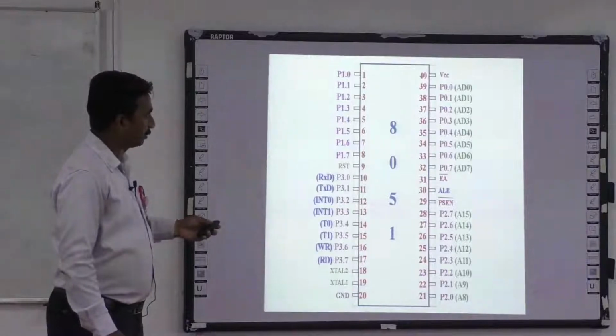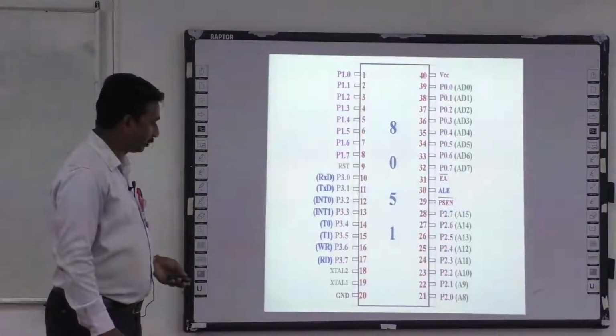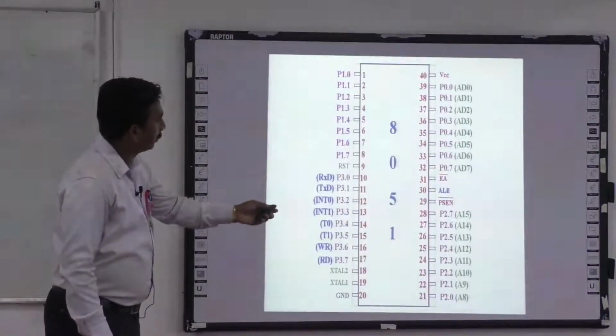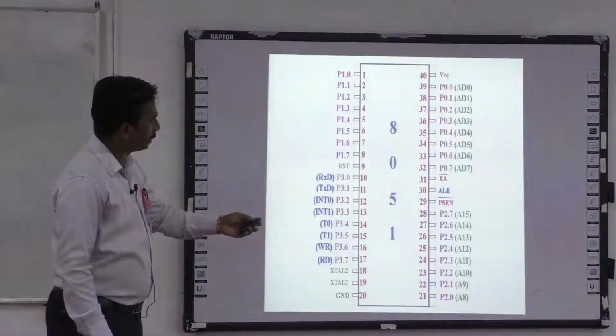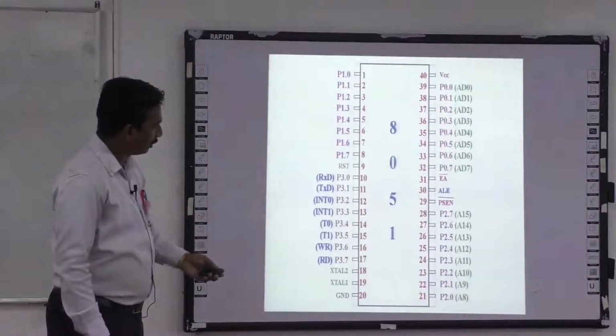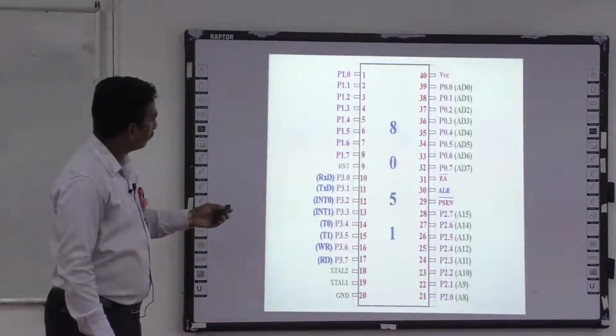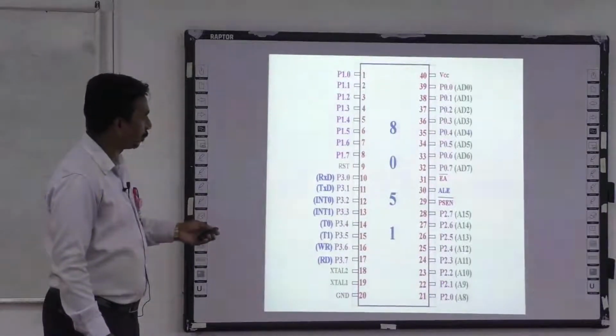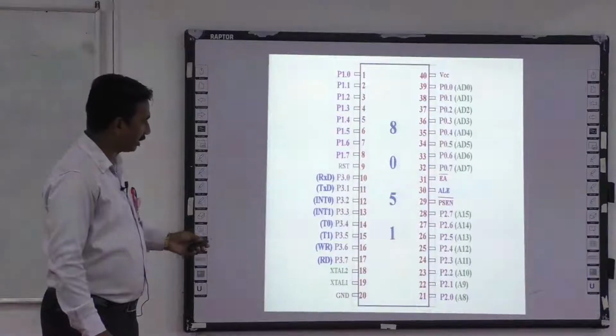The 40th pin is VCC supply, and the 20th pin is ground, and 18 and 19 are the crystal, and here we can see port 0 is from P0.0 to P0.7, and port 1 is from pin 1 to 8, that is port 1.0 to port 1.7, and the reset button is here.